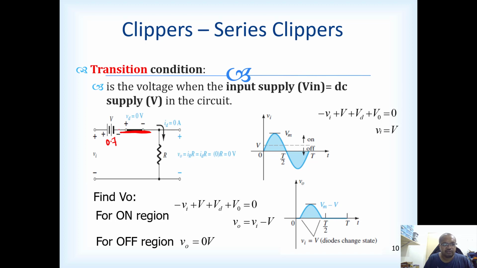So if the current is flowing in this direction, until the voltage here reaches 0.7 volts, then the diode is turned on for an ideal diode. If it's an actual silicon diode, then you have to wait for 1.4 volts before the current starts to flow.